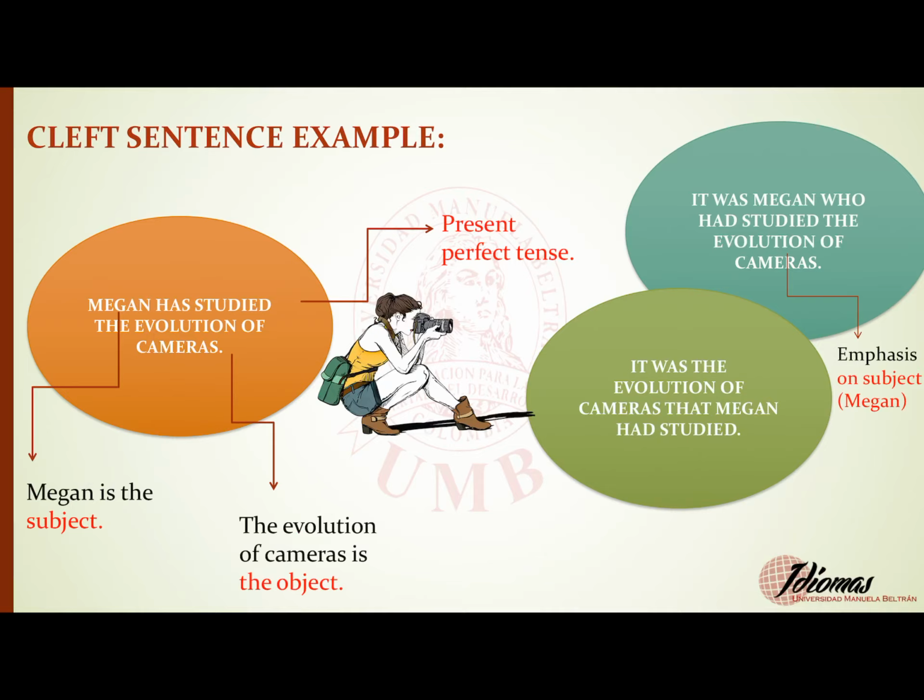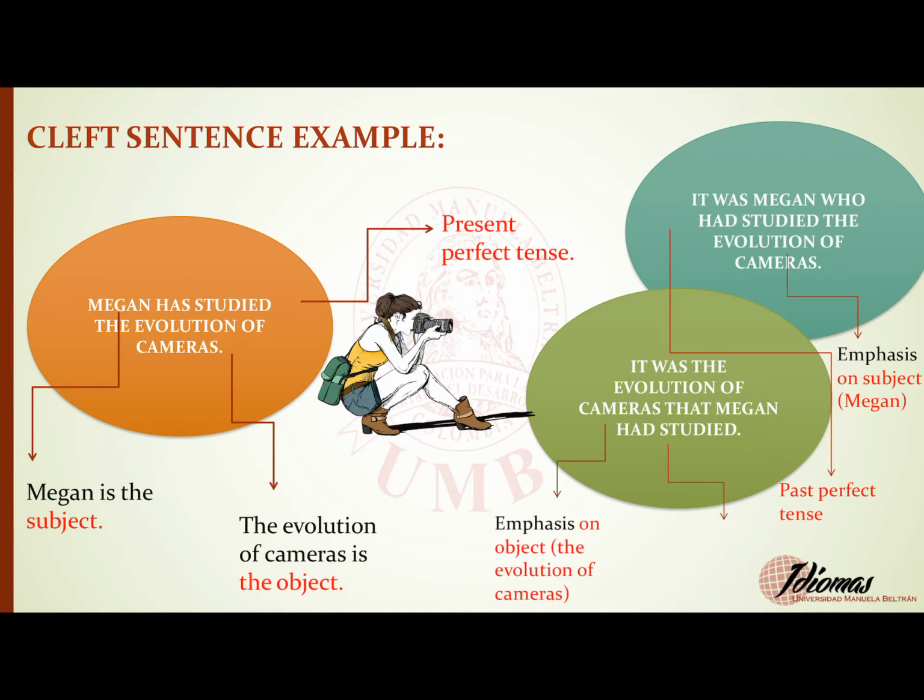It was Megan who had studied. We're focusing here on Megan. Megan is the most important thing in this statement. We have changed the present perfect to past perfect, and below you see in the cleft sentence, it was the evolution of cameras. Here we have placed emphasis on the object instead of the subject, who was Megan.